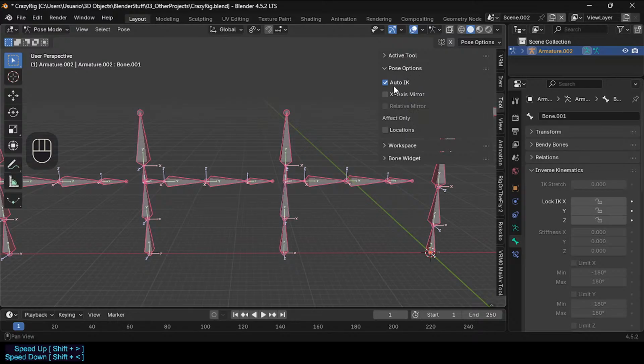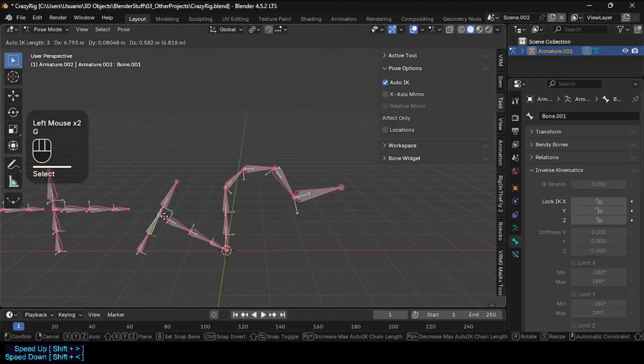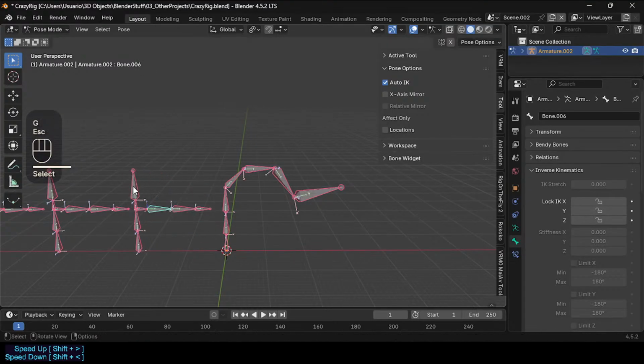So basically, what if we don't want any pinning? Maybe we could have, as we have these other options that are relative to Auto IK, something like Auto IK pinning, which would be on by default. So if we turn that off, then all the rigs will operate like there's no pinning from this Auto IK posing.